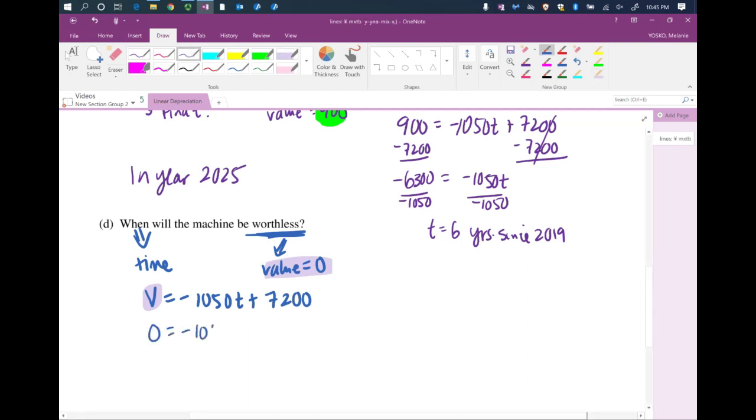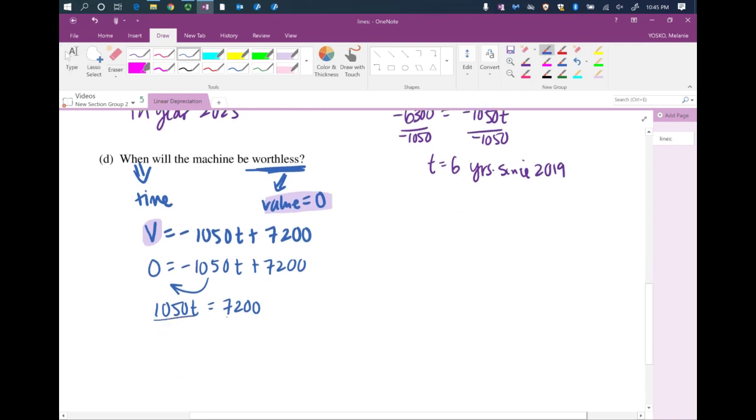0 equals negative 1050t plus 7,200, solving for t, right? So I'm going to move this over here. So I get 1050t equals 7,200. Then I'm going to divide by the coefficient of my t.